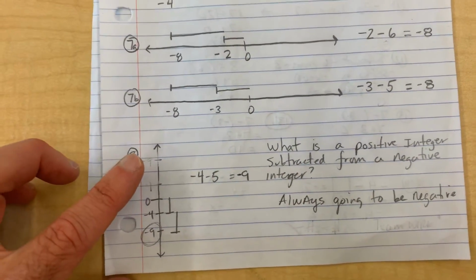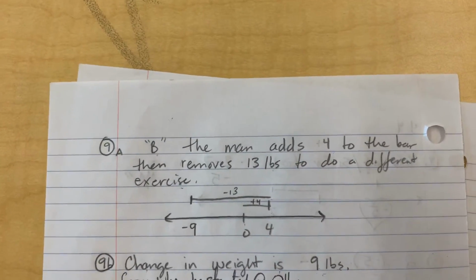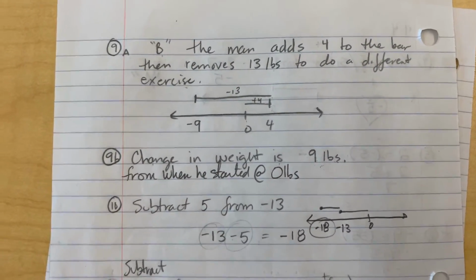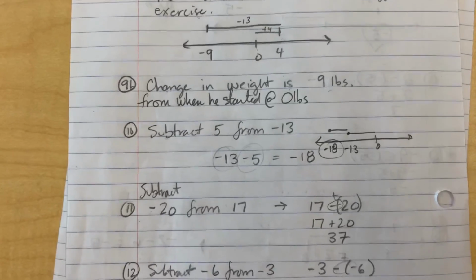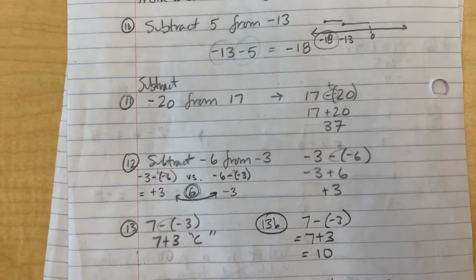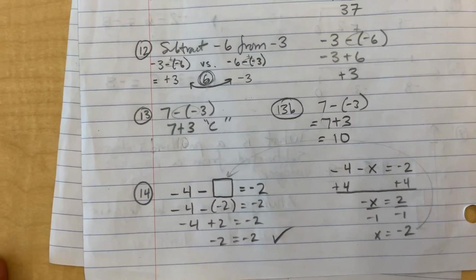The positives are above and the negatives are below. Number 9, 9B, 10, 11, 12, 13A and B, number 14.